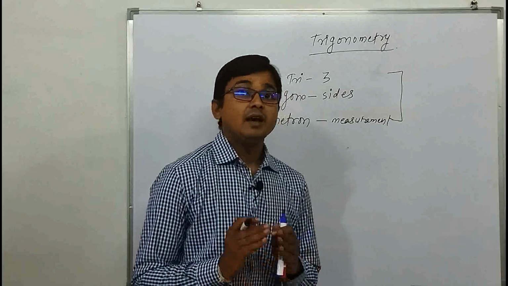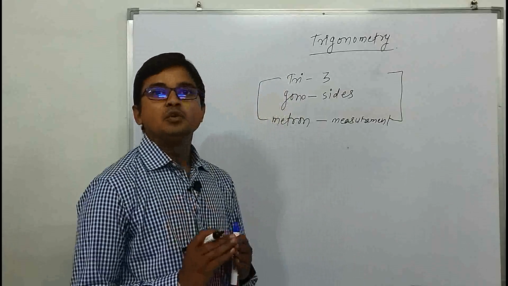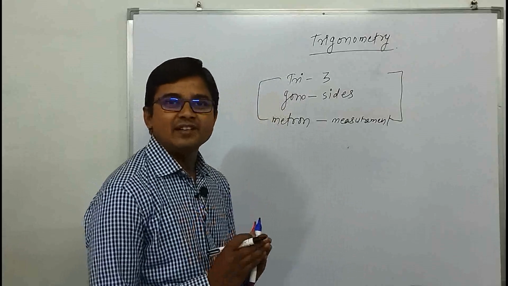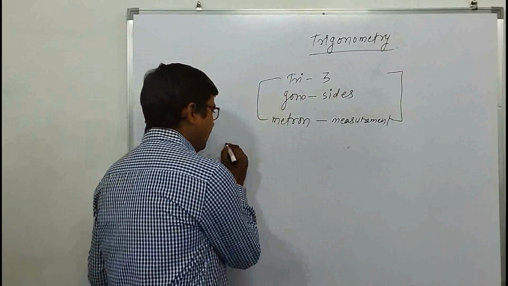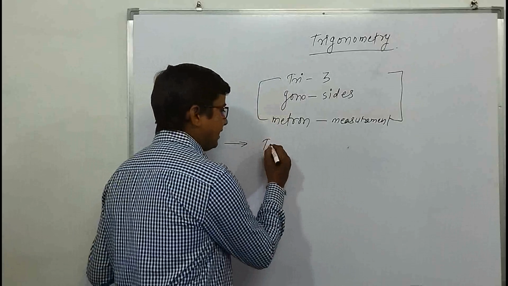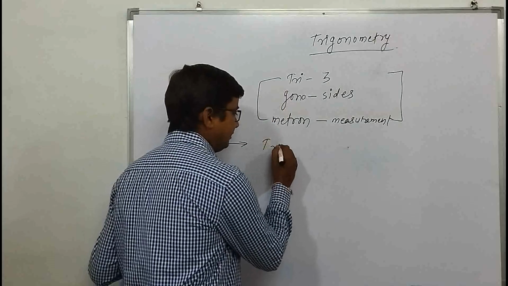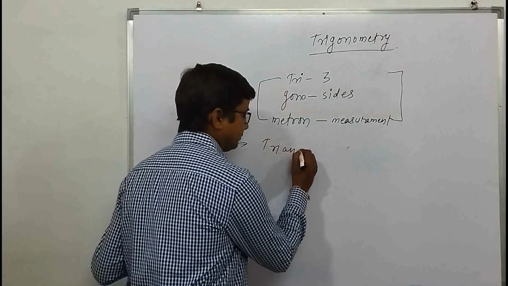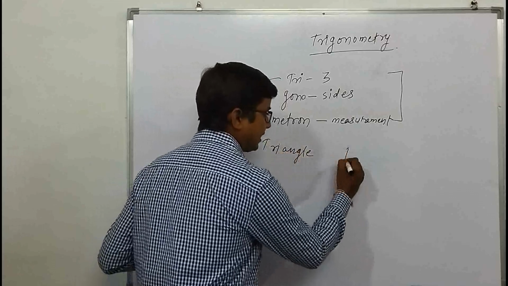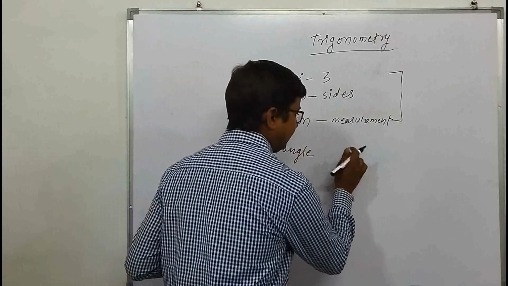What if the triangle given to me is not a right angle triangle?